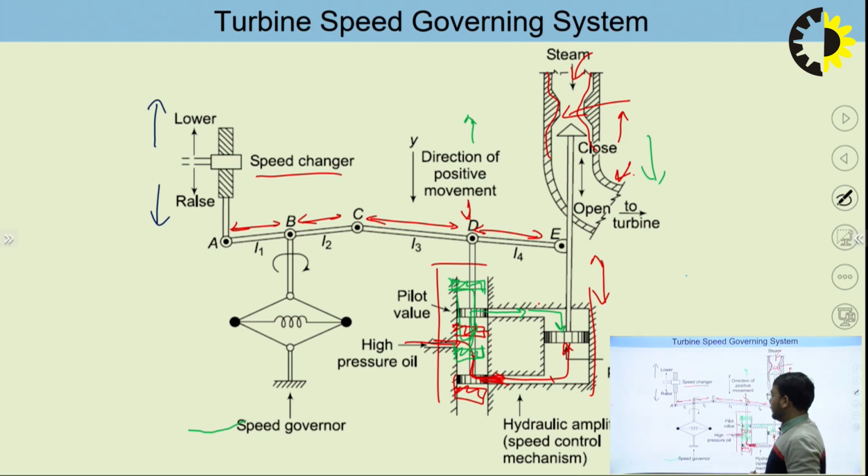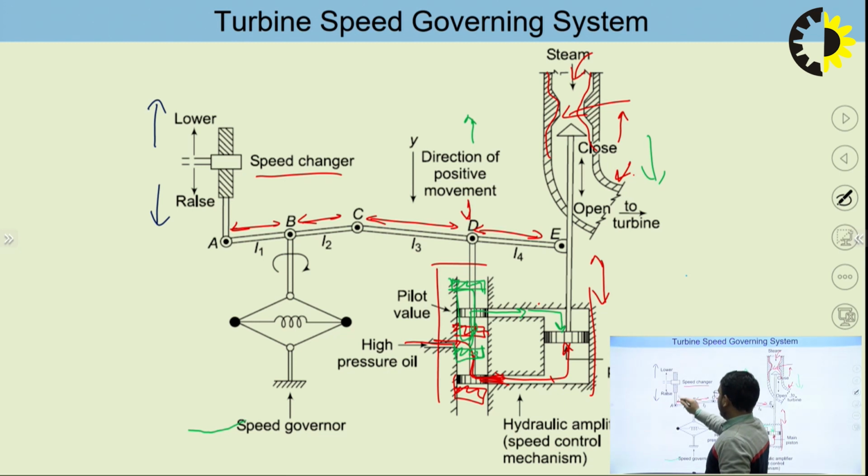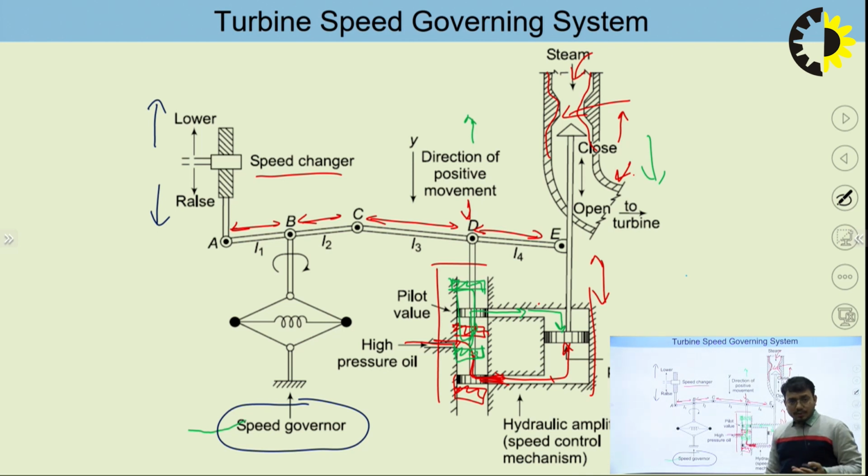Now you can see over here this is controlled by a speed governor, right? So most of you must be knowing about the speed governor. What is basically a speed governor? See, a speed governor basically operates on the principle of centrifugal force, right? If I take an example, let us say we are having a pendulum, suspended like this.